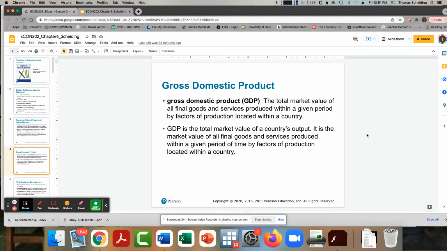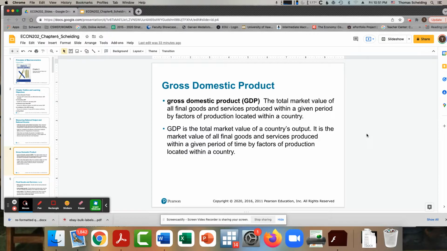And the shorthand way that economists then talk about this, and the way that you've probably heard about it in the news, would be gross domestic product. And what gross domestic product represents is the market value, right?